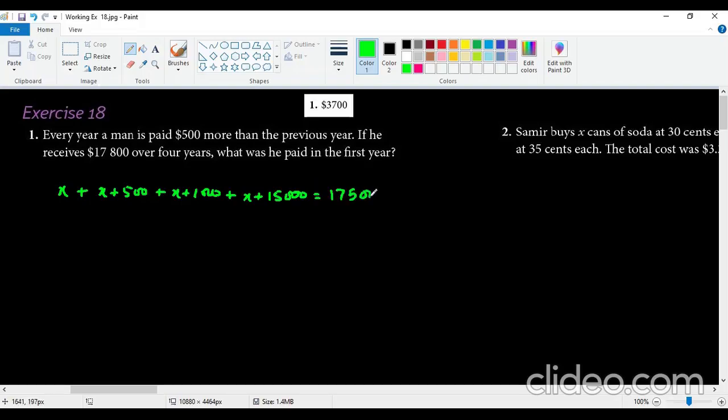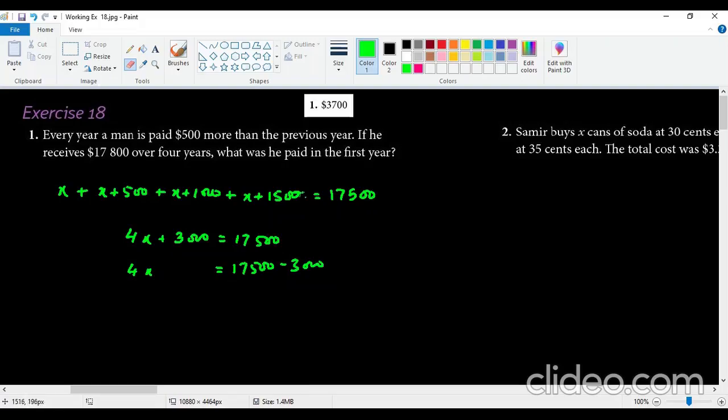Now altogether, there are 4 years, that means 4x, and 1500 plus 1500 gives us 3000, which equals 17,800. When we make this equation, 17,800 minus 3,000, I think I have made an extra zero here.